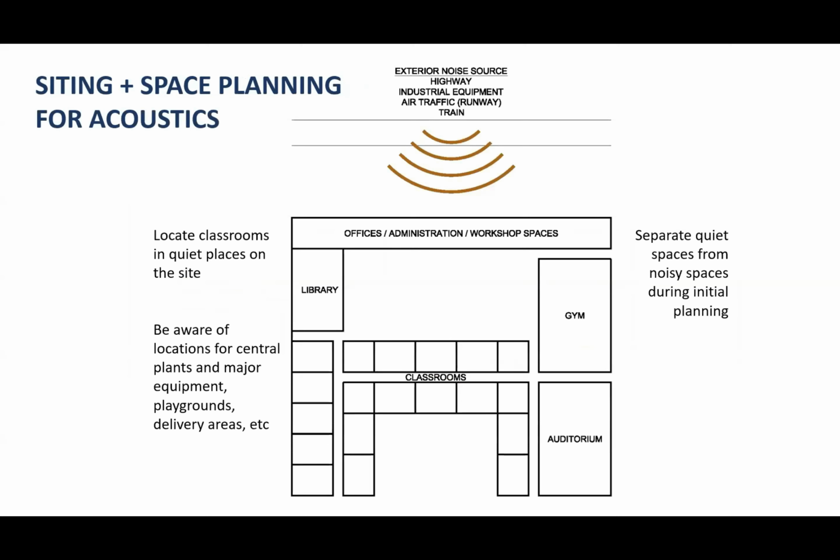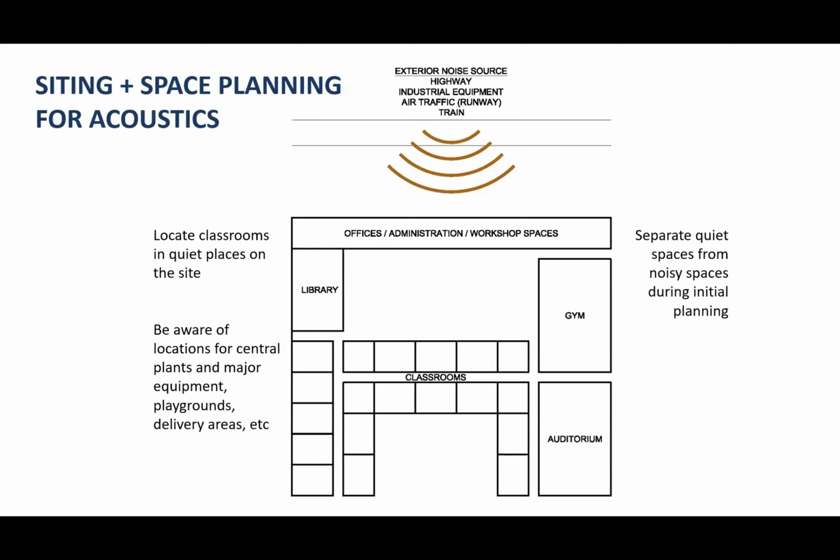Now we're going to jump from HVAC to just some of the site noise and siting and space planning. If we are lucky enough to be working on a new school, then we have some flexibility with where we might be able to locate some of the buildings.